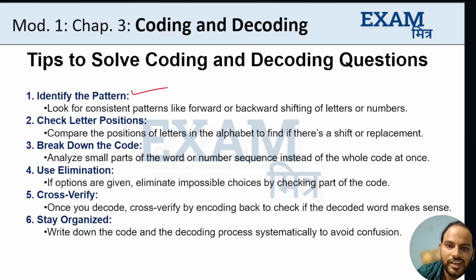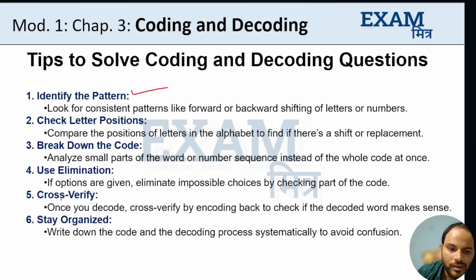We need to check the position of the letters. Compare the position of letters in the alphabet to find if there's a shift or replacement, like we do in letter coding. Break down the code to understand the code in a better way. We will break down the code and predict the asked code. Use of elimination. In this process, we'll try to eliminate the options provided for the questions. In this way, we'll be saving a lot of time to decode the given code.